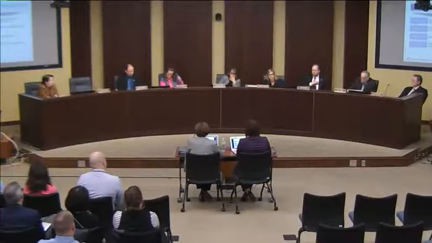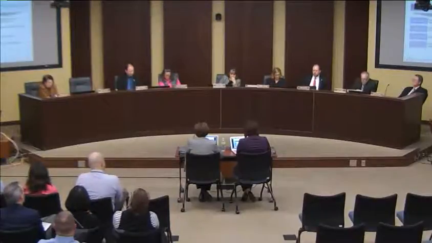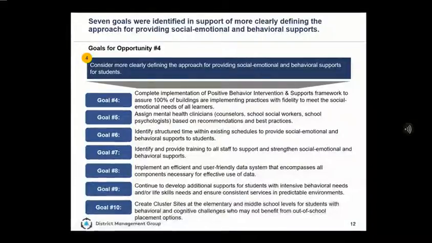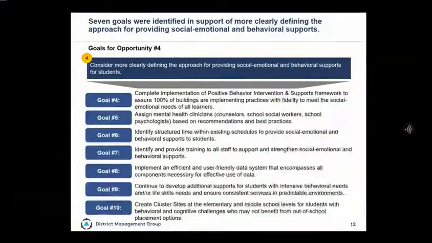Let's go on to goal number 4, the next one. This is about defining the approach for providing social, emotional, and behavioral supports for students. This is another really big goal. This goes into the implementation and fidelity of PBIS, and I'm not going to go through these in great detail.